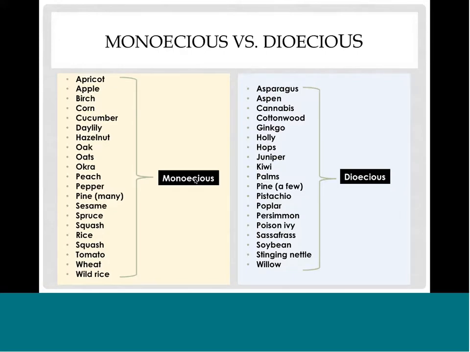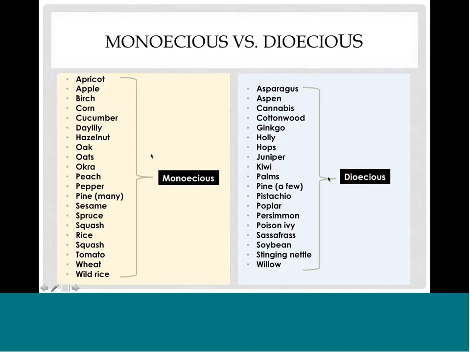This is a list showing just some of the important monoecious versus dioecious plants. And if we think about most of our crop plants and common fruits and vegetables fall on the left list, the monoecious ones. We see there the major grains like corn and rice and wheat.